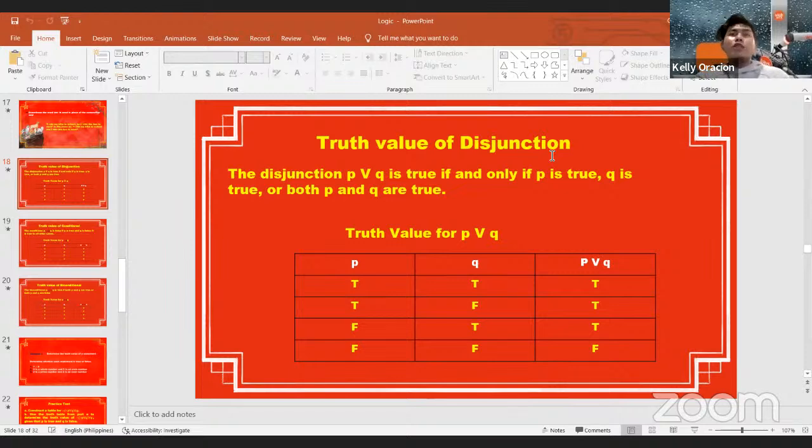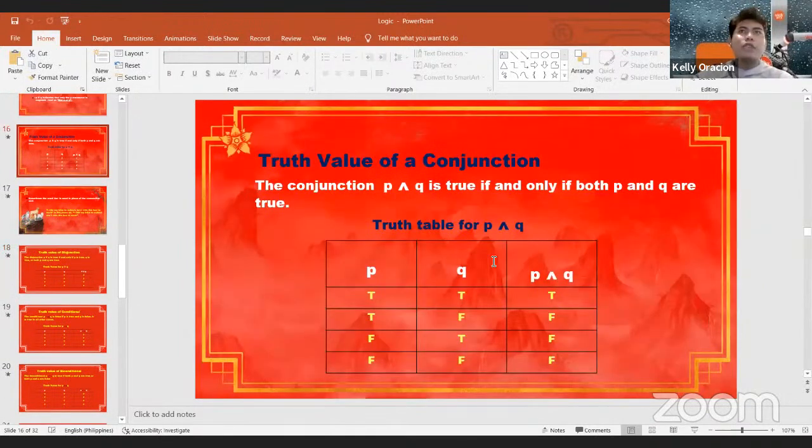Let's start with the conjunction first. As you can see, the conjunction P and Q is true if and only if both P and Q are true.